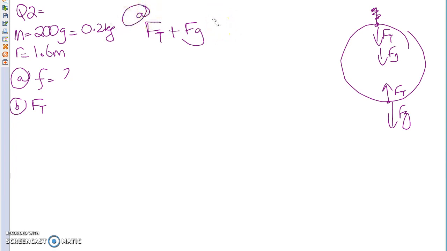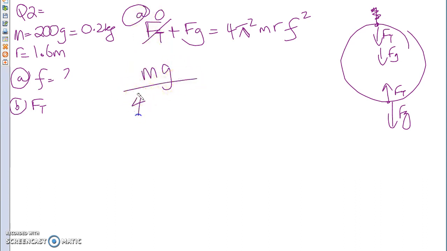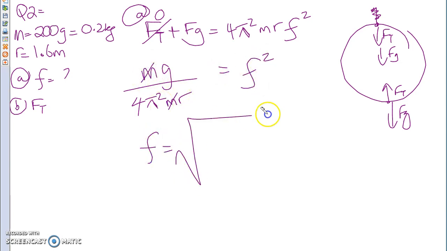which equals 4 pi squared m r F squared. Okay, so this Ft is 0. That's what we're saying, minimum velocity. If it's a minimum velocity, your tension is 0. So you get mg divided by 4 pi squared m r, which equals F squared. M and M cancel out. So F equals the square root of g over 4 pi squared r.